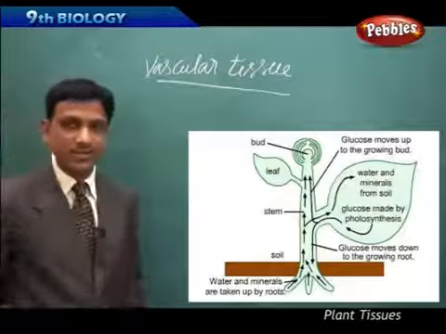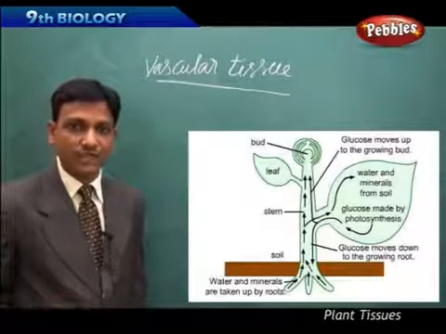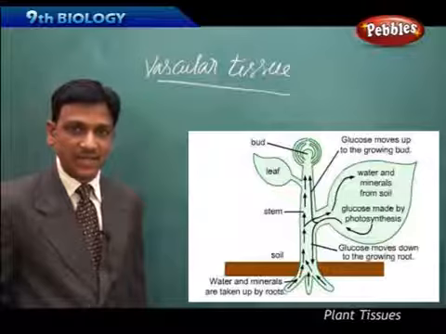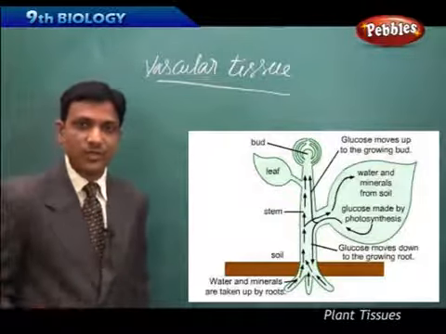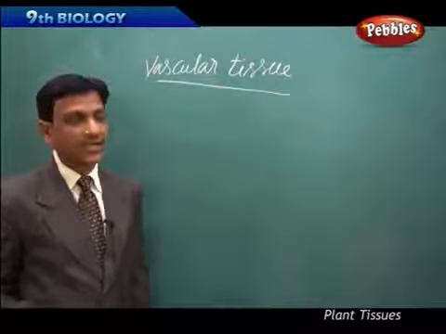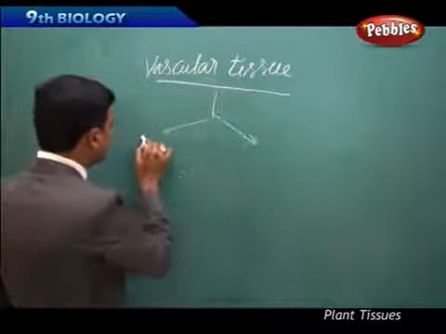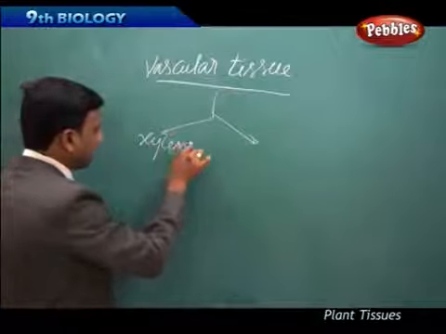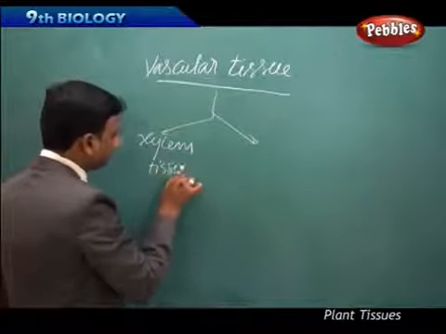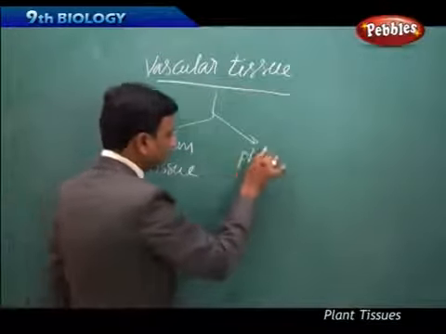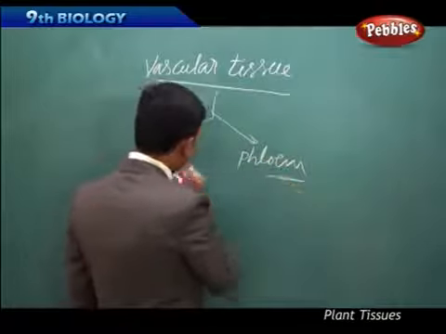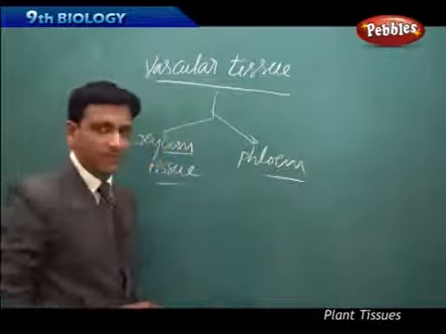So vascular tissues help in the conduction of water, minerals and other nutrients from one part of the plant to another part. The vascular tissues are categorized into two: xylem tissue and phloem tissue.